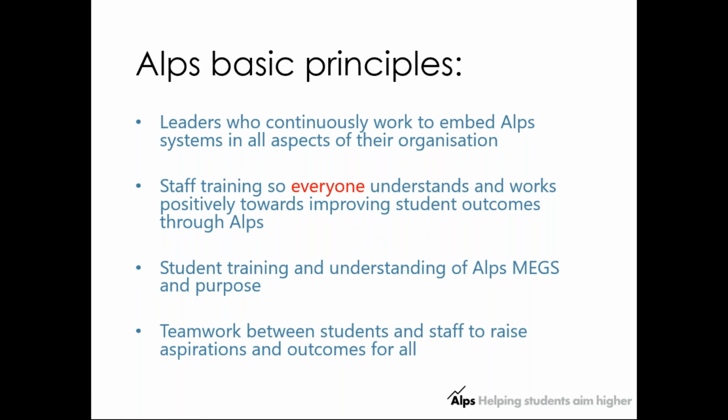Students need also to understand where their minimum expected grades have been generated and the purpose of giving them those minimum expected grades, not necessarily as targets, but as a starting point for their aspirations. And between the students and the staff and other interested parties, for example, parents and governors, it is something which can raise achievement and attainment, but most of all, the value that you add to students.